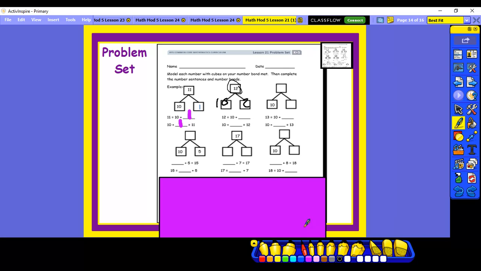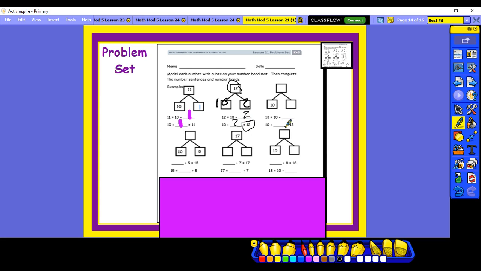So I know I have to write 12 equals 10 plus, what's the missing part? 2. Good job. Now I see the whole amounts at the end, so my parts go first. 10 plus equals 12. What's the missing part? 2. Great job.